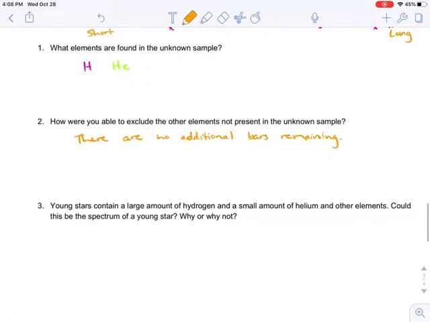But we don't see any other elements showing up in this spectrum, so it's going to be difficult to say that this for sure is the spectrum of a star.